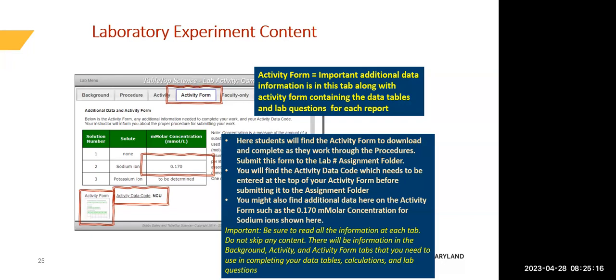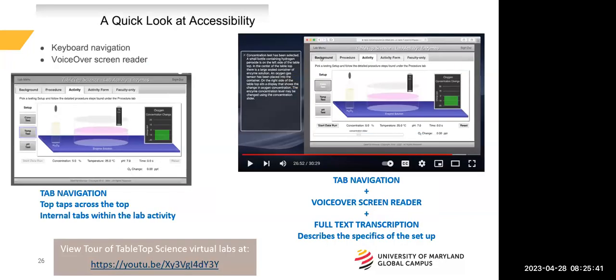So it's important for them to read every tab, read all of the content on every tab, so they know exactly what's there every week, so they don't miss anything. This is another feature of science courses, is making sure you're detail oriented and pay attention to the details and instructions that are provided to you.